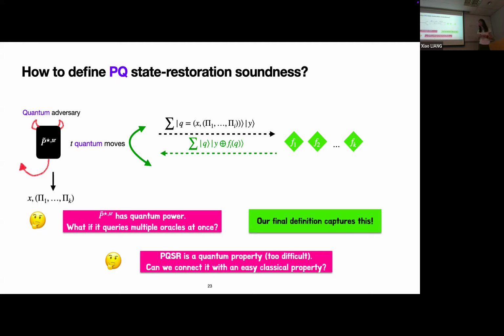Even in the classical setting, when you are showing the classical soundness error, can you treat all the oracles as a single oracle? No, we're usually not doing that either. We're usually treating them all as separate oracles. It gives a more precise bound, I think.